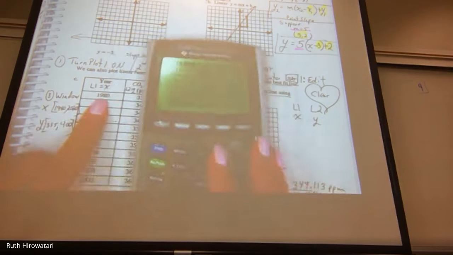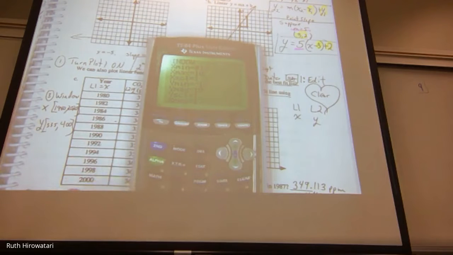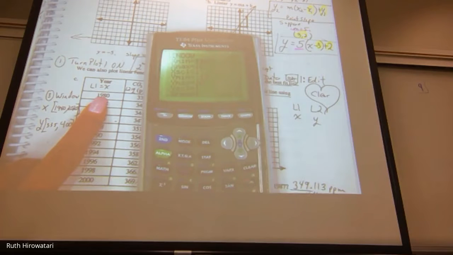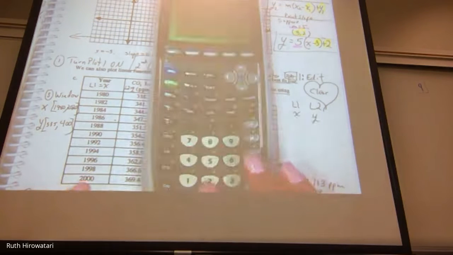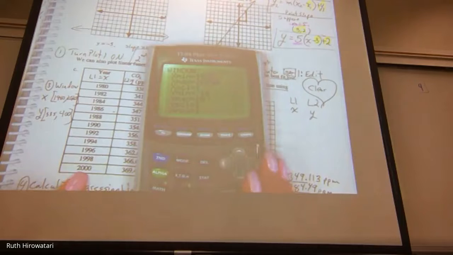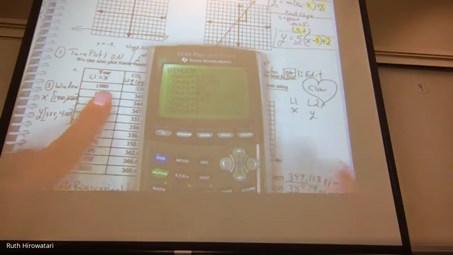Well, remember your X values are recording all of this list. So I want my X values to go from 1980 to 2000. Actually, I'm going to go to 225 because I know I get asked later on for some points outside of that domain. And I'm going to leave my scale at 2 because I'm recording every 2 years.